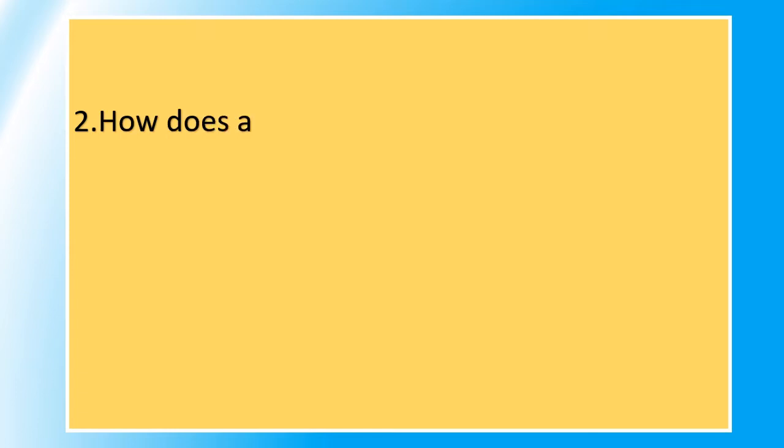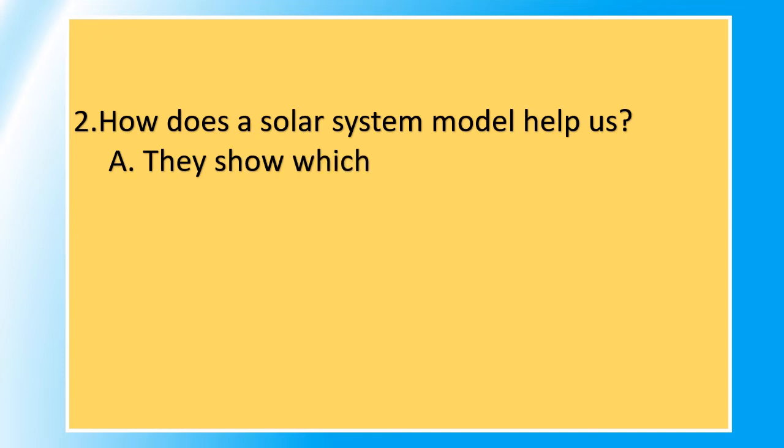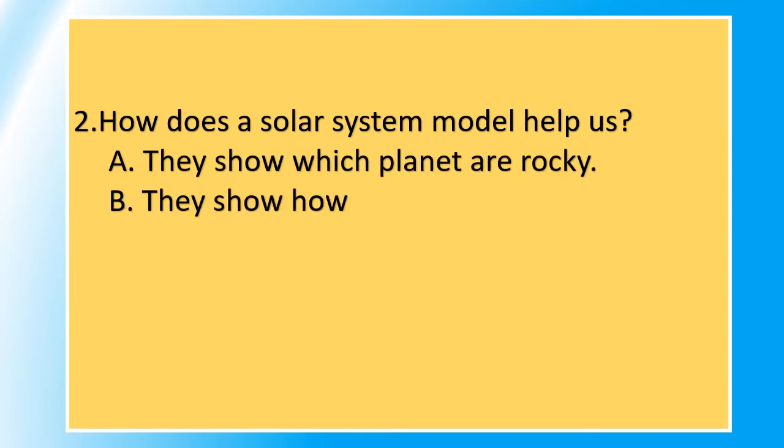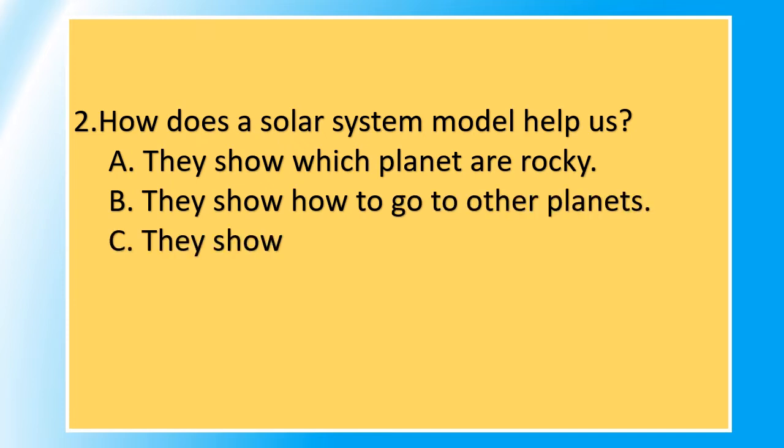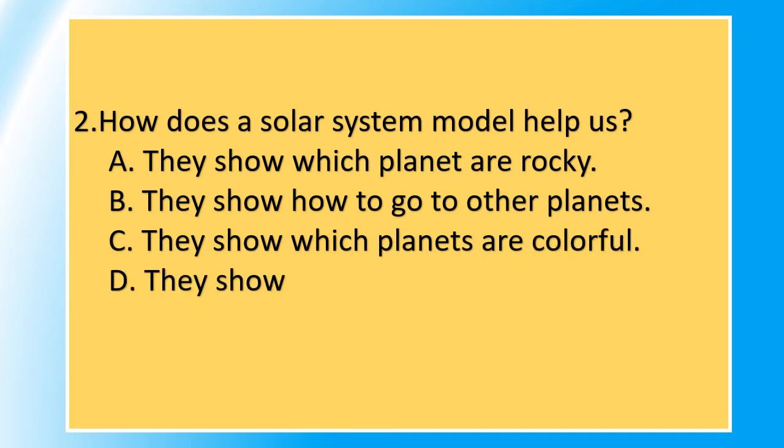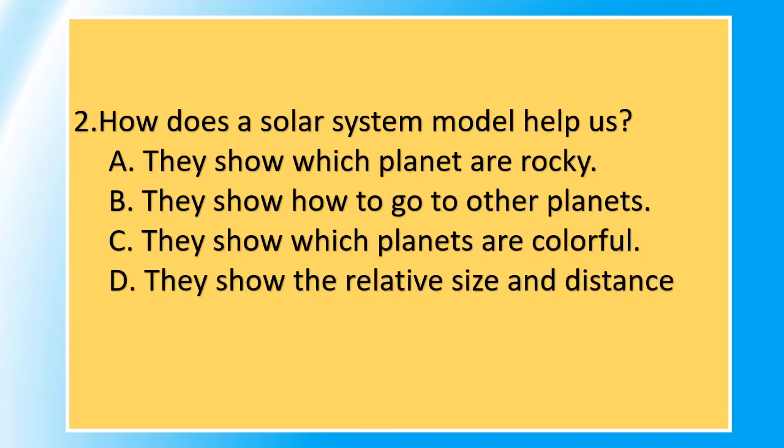Number 2. How does a solar system model help us? A. They show which planets are rocky. B. They show how to go to other planets. C. They show which planets are colorful. D. They show the relative size and distance of the planets.